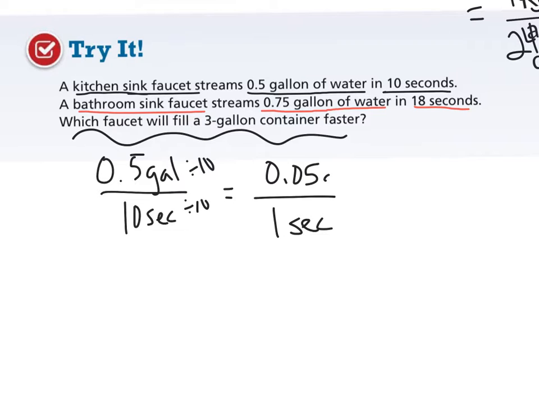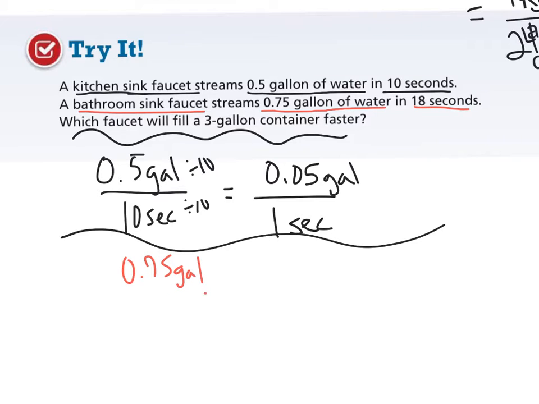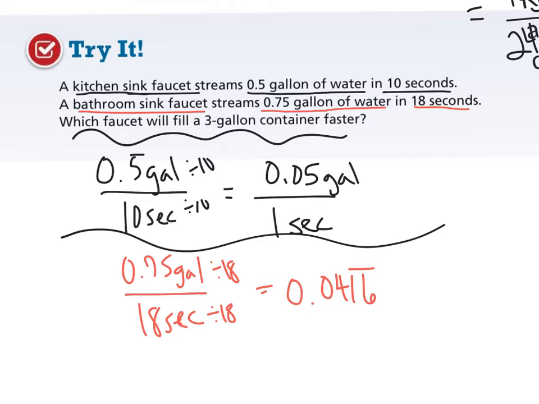So that's 0.05 of a gallon for 1 second for the kitchen sink faucet, and for the bathroom sink faucet, if we divide both of those by 18, we're going to get 0.0416 repeating.